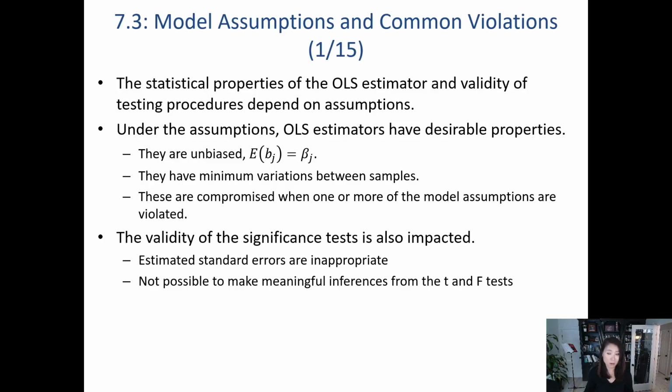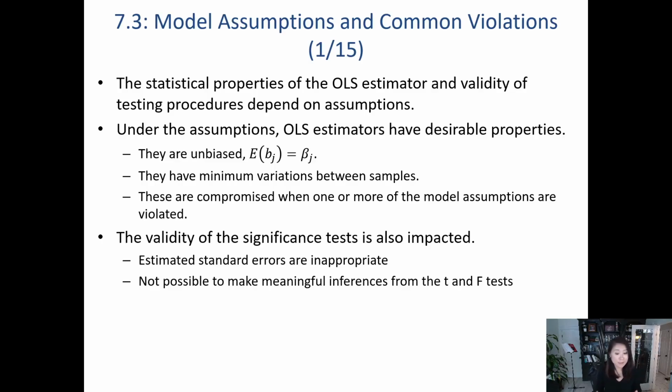That means what we got from the sample data is able to represent the population. Second, it has minimum variation between samples, so if we switch samples, the values should not change that much. There is a compromise when one or more of the model assumptions are violated.